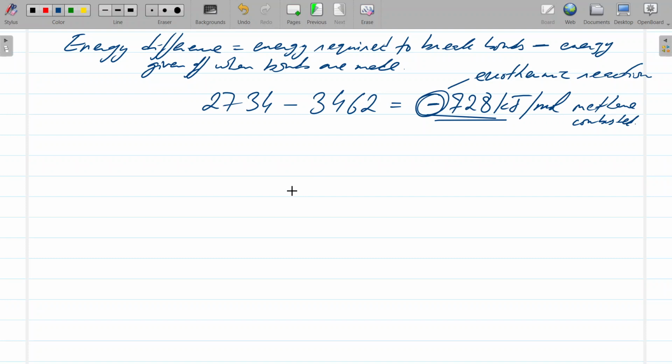So when it's negative, then that's exothermic? Yes.